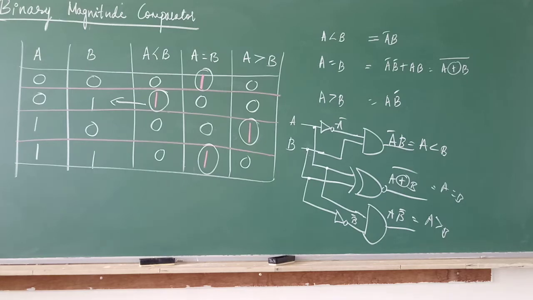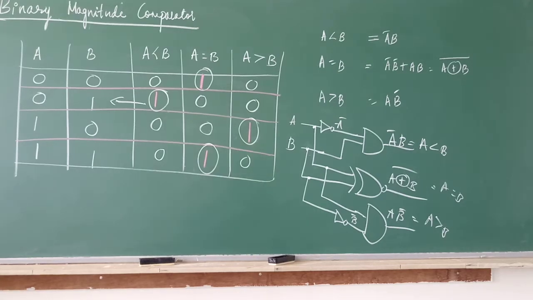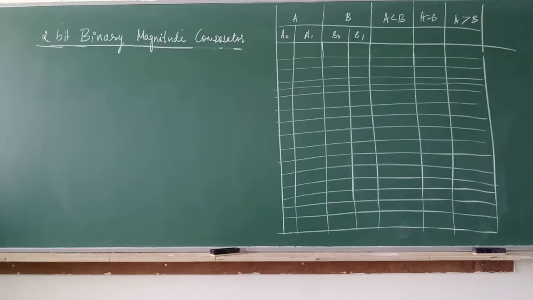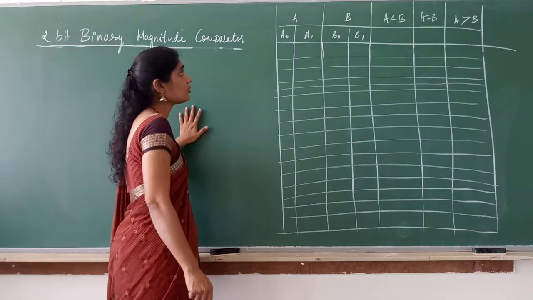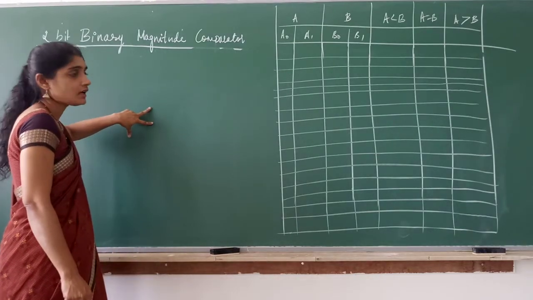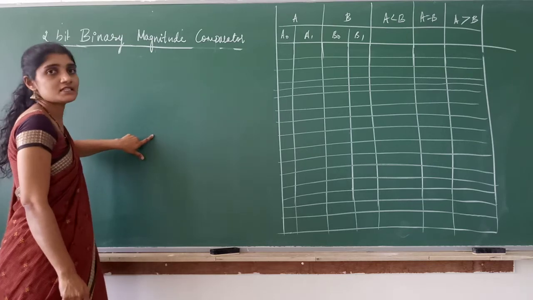Now let us discuss the 2-bit binary magnitude comparator. I have written the truth table. A 2-bit comparator has two numbers A and B. A is 2-bit, B is 2-bit.